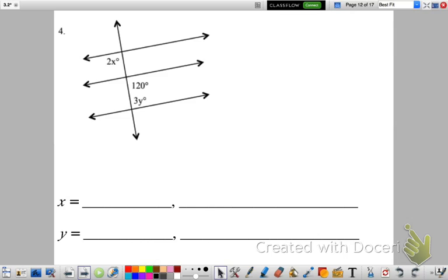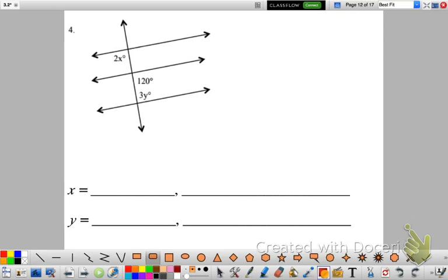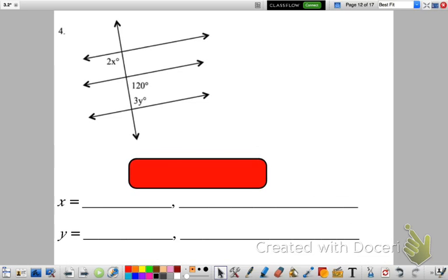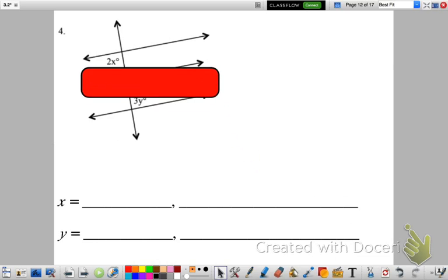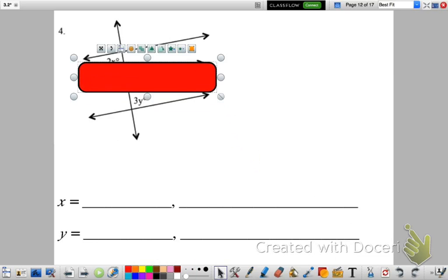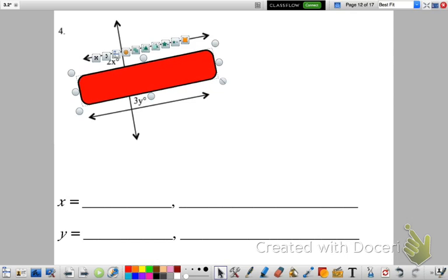While we are working number 4, there may come a time where you might need to put this here and make that middle line disappear so that you can just look at the relationship between the 2x and the 3y.